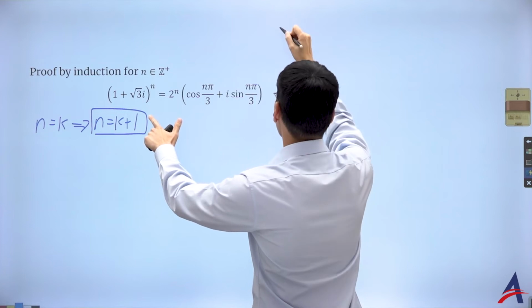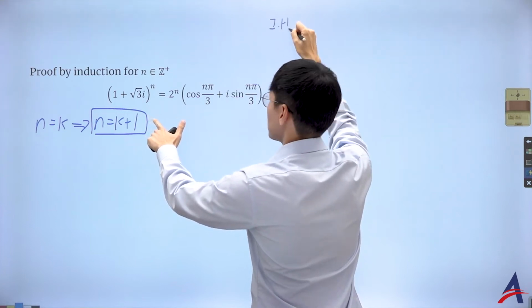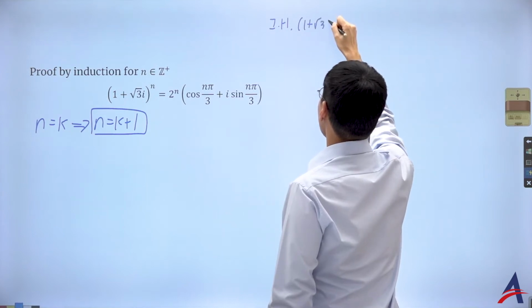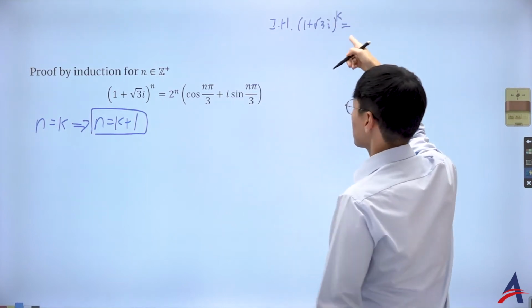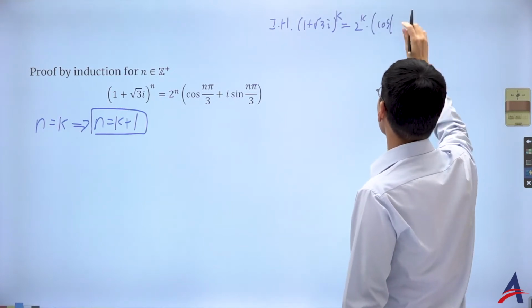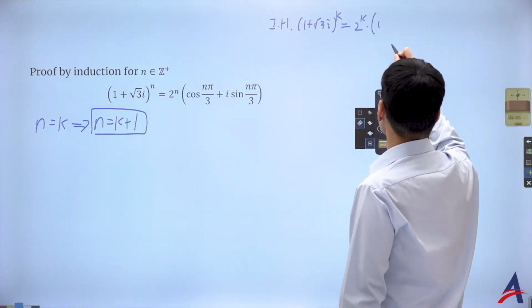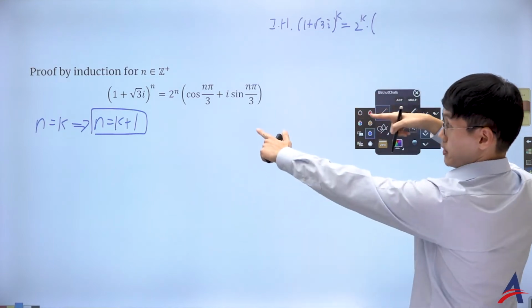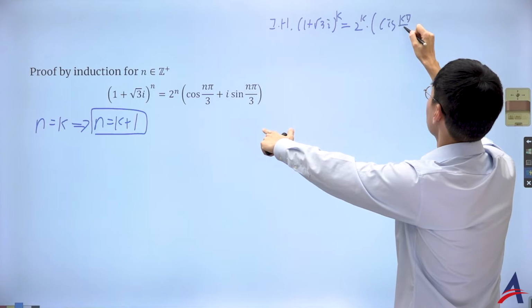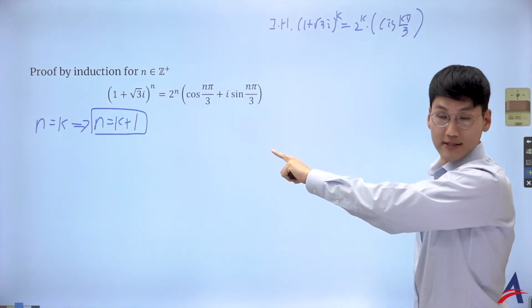So the induction hypothesis here must be, what is it? (1 plus root 3 i) to the power of k is equal to 2 to the power of k times cosine, well, I can't be bothered, so I'm going to write it as cis, okay? I hope you don't mind. So I'm going to do cis of k pi over 3, voila. That's how I'm going to do it, okay?